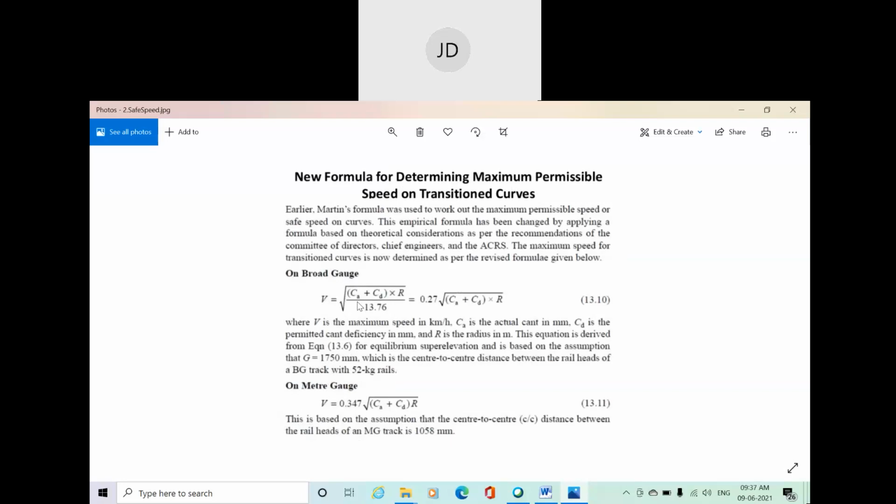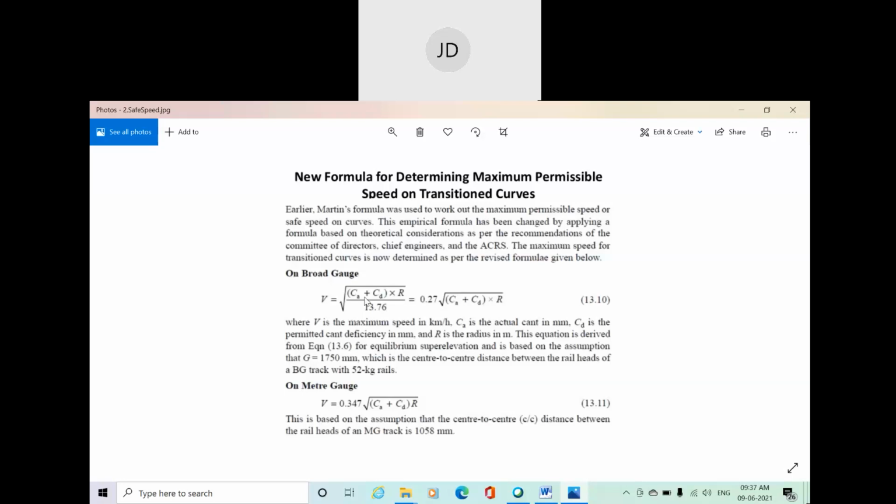Now, in the new formula adopted by the Indian Railway, the maximum permissible speed of a train is related not only to the radius, it's also related to the super elevation.